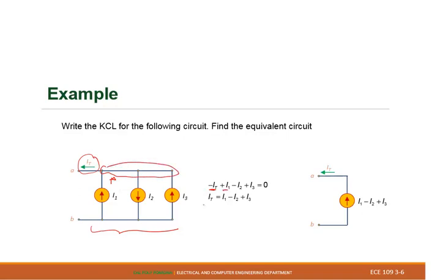I2 is exiting. And I3 is entering the node, that's why we call it positive, equal to 0. If you leave IT alone, then IT will equal I1 minus I2 plus I3. So this is the way we can find the equivalent current source.